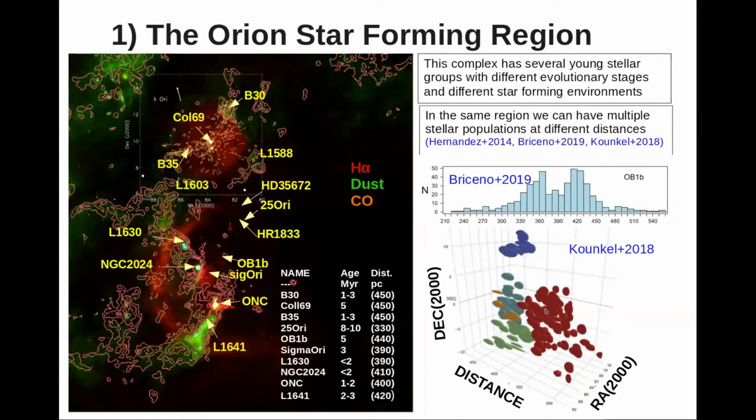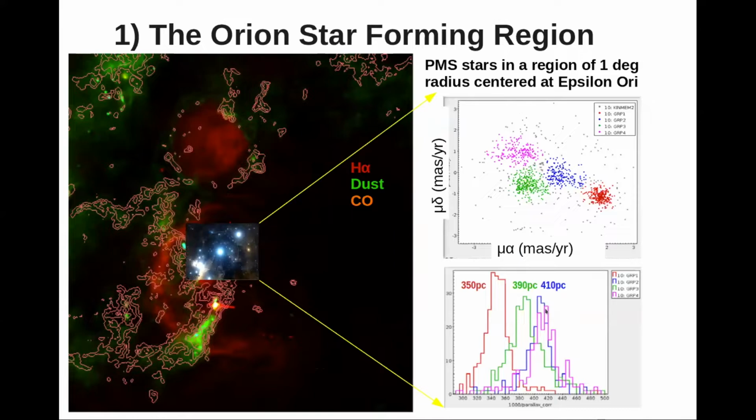A specific example I want to show you is the Epsilon Ori region. Here I select pre-main sequence stars in a region of 1 degree radius, centered at Epsilon Ori. In this plot, you can see 4 different groups with different proper motion. Also, if we plot the histogram in distance of these 4 groups, you can see that they are also located at different distances.